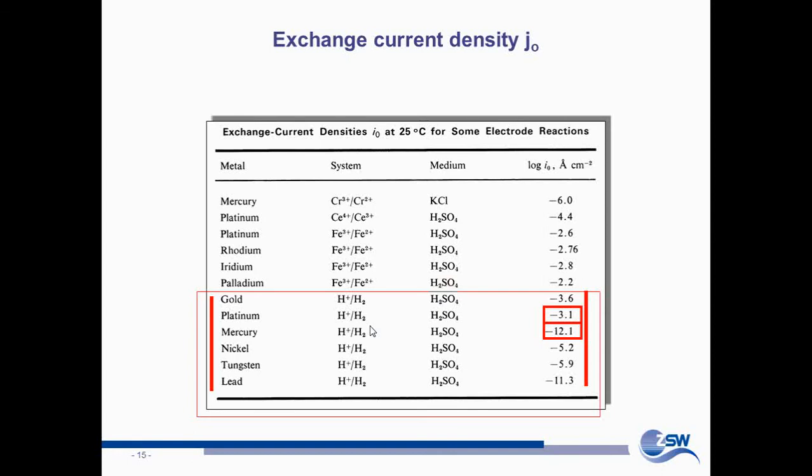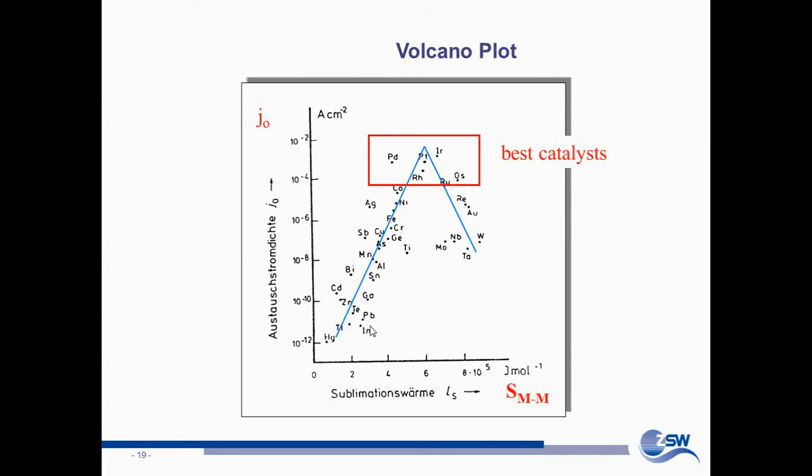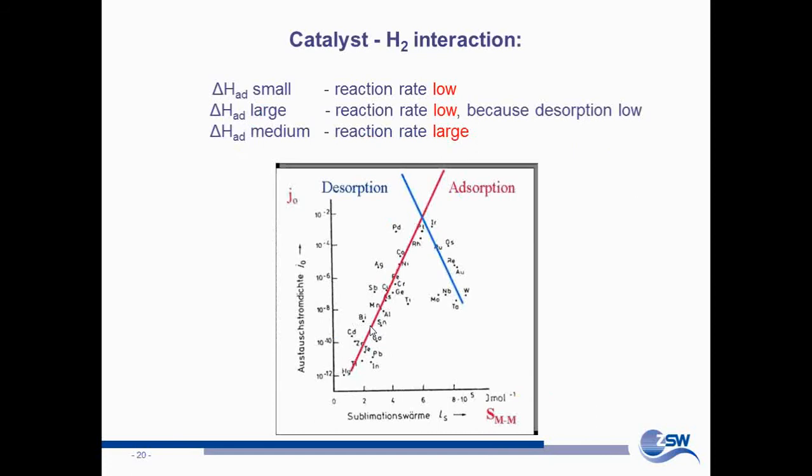So there's something to those surfaces, and we can describe that, and we can, in a sense, correlate that to some other physical properties, for example, like the enthalpy of evaporation of metals, and then we can make these wonderful volcano plots where there is something at the top, and where some of the materials favor adsorption of the, let's say, of the materials. Some of them are not desorptive enough, and so the best catalysts are providing the best compromises.